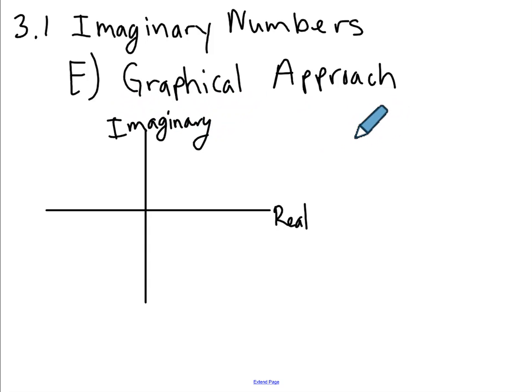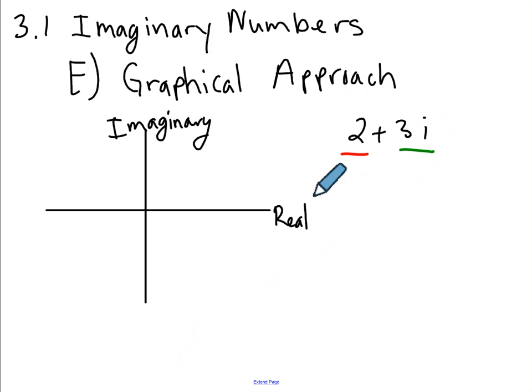So for example, if I have the number 2 plus 3i, the real part is 2, and the imaginary part is 3i.